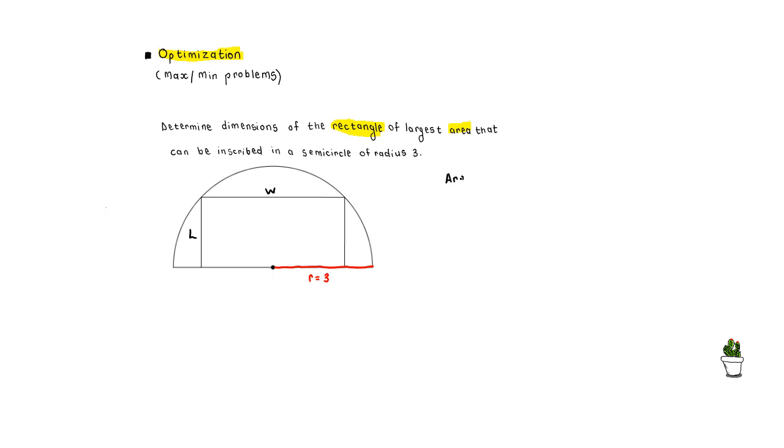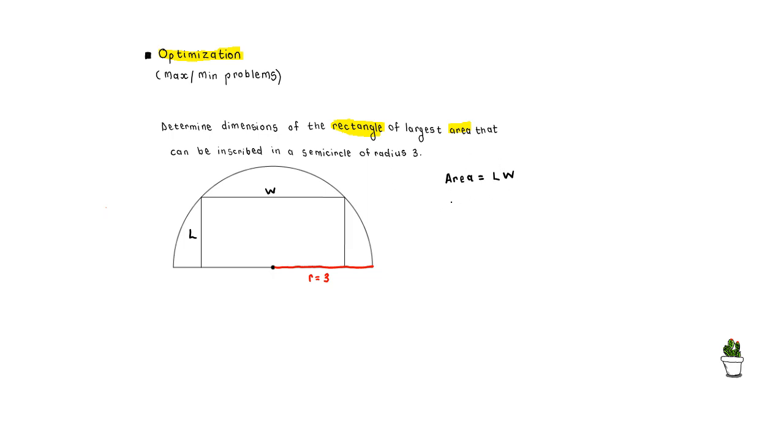of this rectangle is simply going to be given by length times width, and this is from basic algebra. But the problem with this specific equation at the moment is that it's in terms of two variables, and in order for us to carry on with the operations of calculus, we need to get this area formula down to one variable, so that we can actually differentiate.